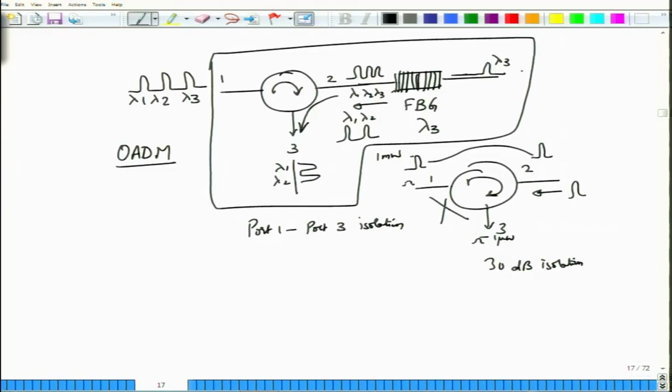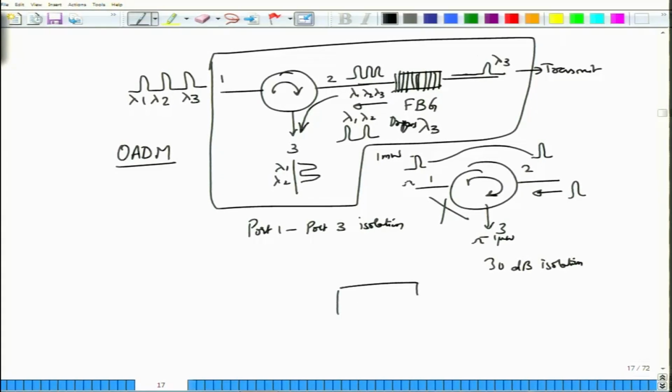Here, this is the transmit, okay, and lambda 1 and lambda 2 are said to be dropped. So this is the one that is being transmitted, and lambda 1 and lambda 2 are being dropped by this FBG.